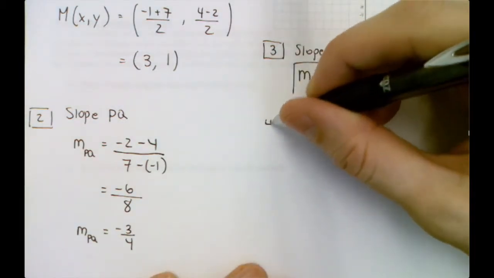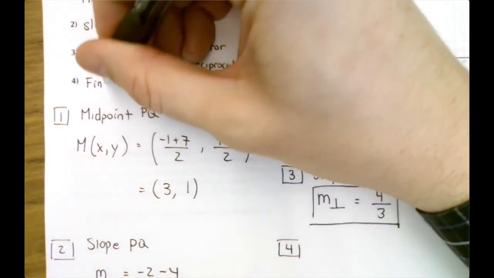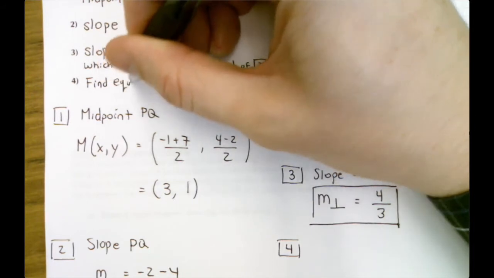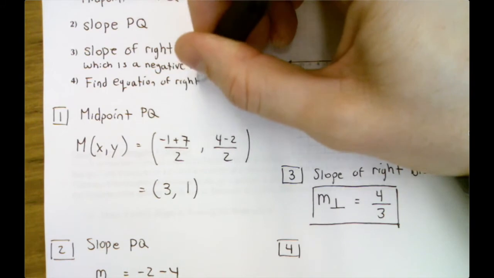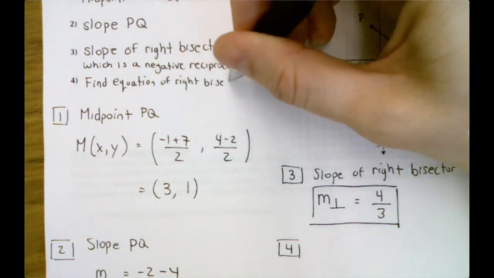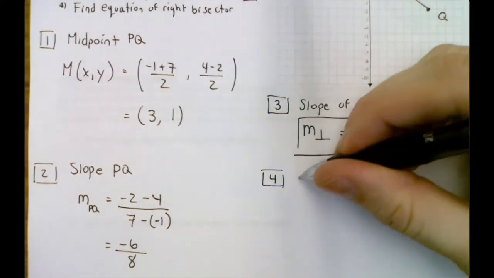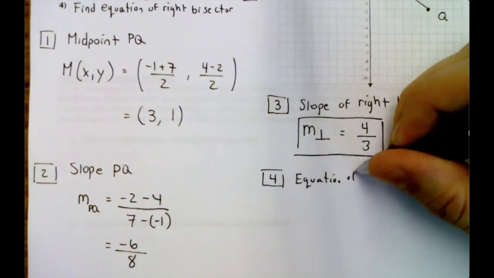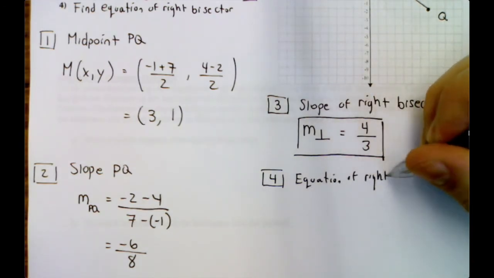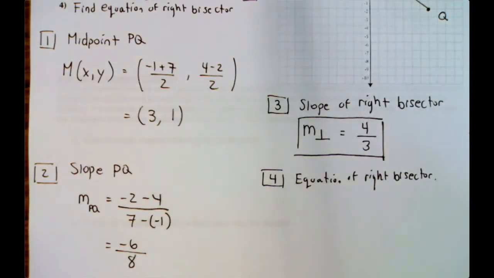So step 4, find the equation of the right bisector.